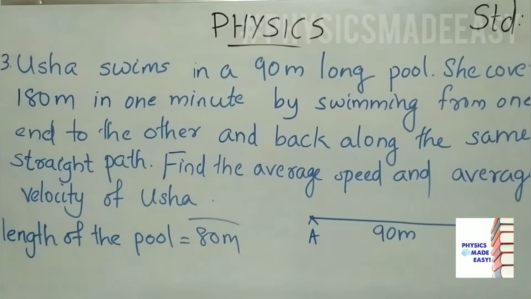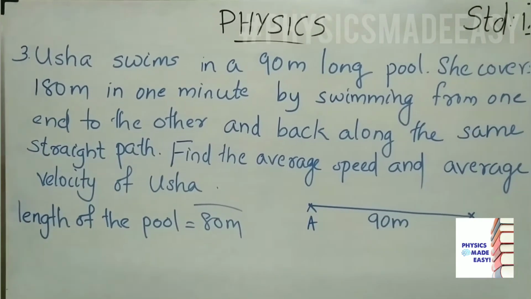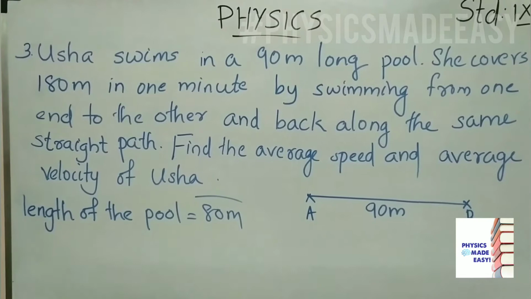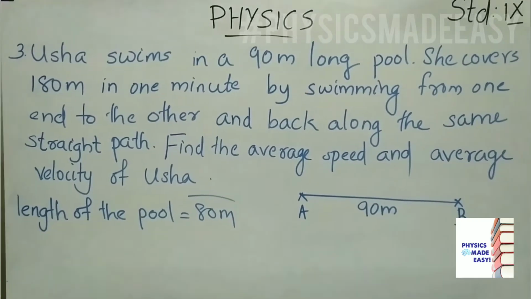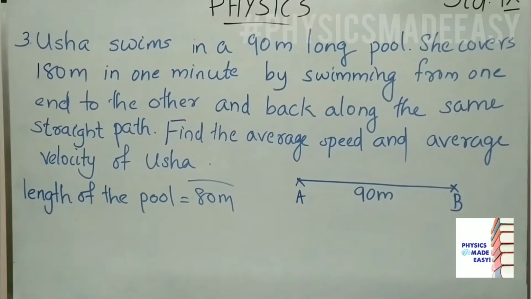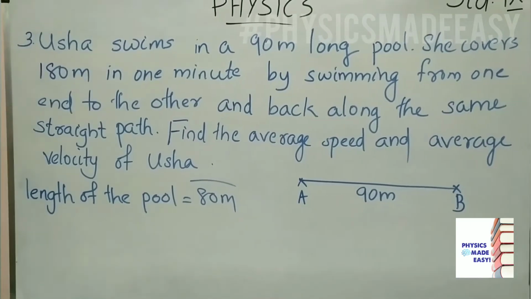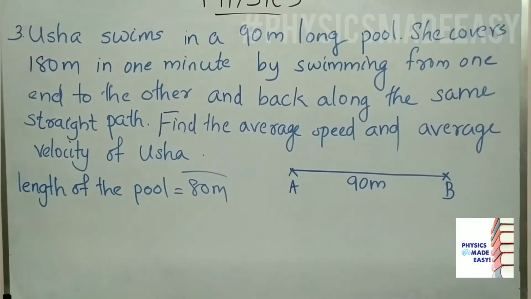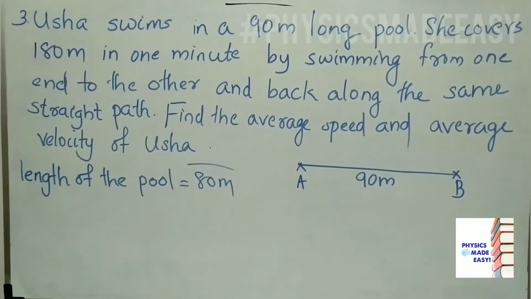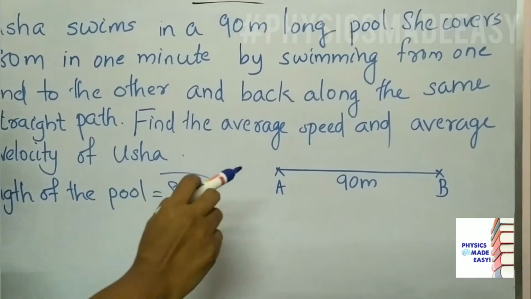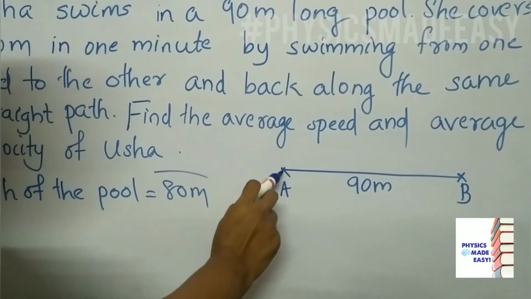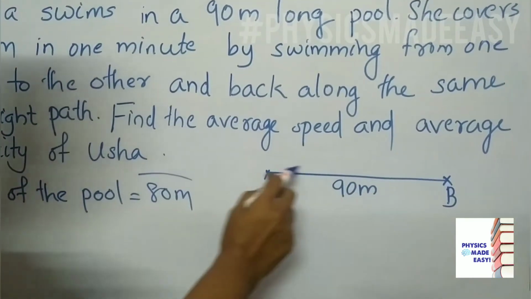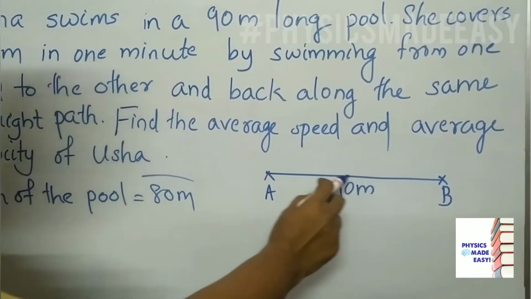Next question. Usha swims in a 90-meter long pool. She covers 180 meters in 1 minute by swimming from one end to the other and back along the same straight path. Find the average speed and the average velocity of Usha. Here you can see she starts from A going to B, then coming back to A through the same straight path.